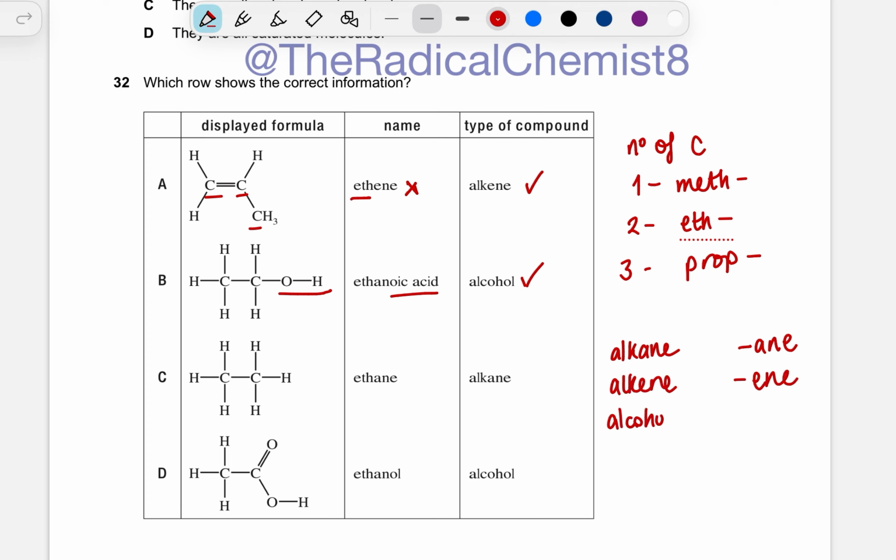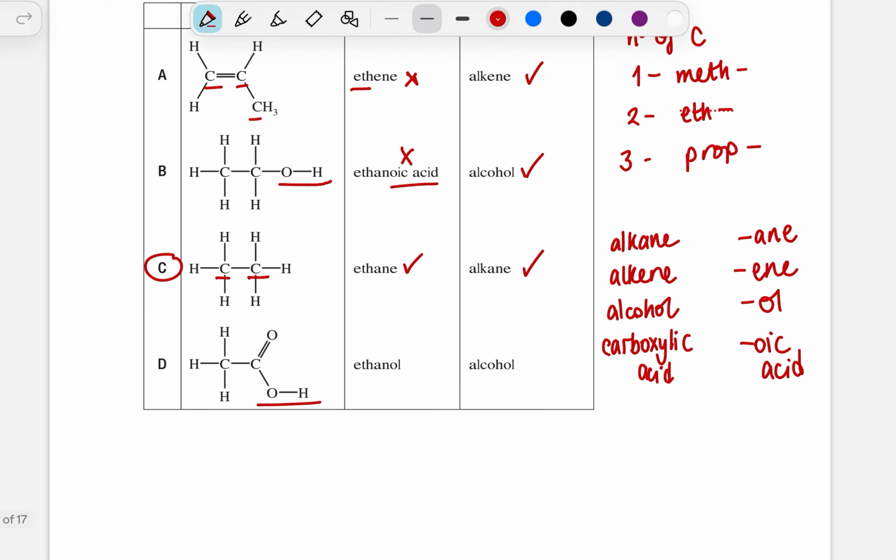Alcohol ends in ol, and carboxylic acids ends in oic acid. So in this case, this is the wrong compound. Next we have, this is an alkane, yep, and the compound is ethane, yes, so your answer is C. The last one as well, this would be wrong because COOH is the functional group for carboxylic acids.